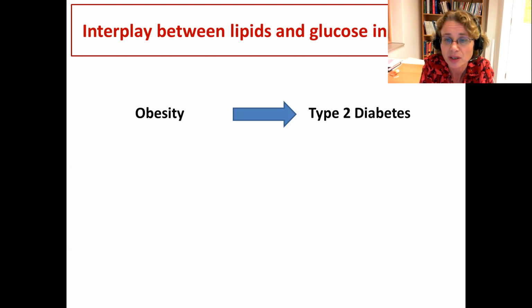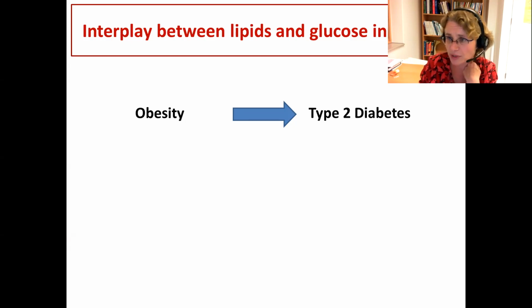What's very well known is that there is a strong relationship between obesity and type 2 diabetes: obesity being an accumulation of lipids, and type 2 diabetes being a disorder in carbohydrate glucose metabolism.